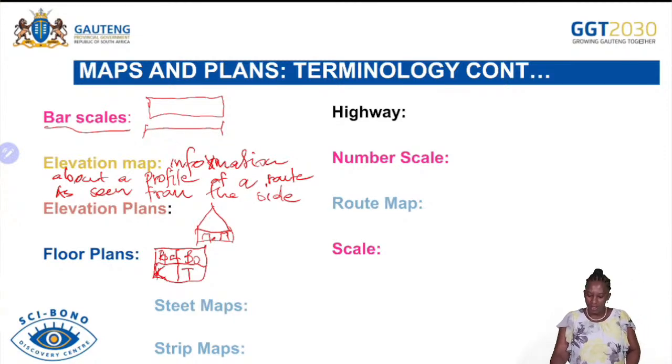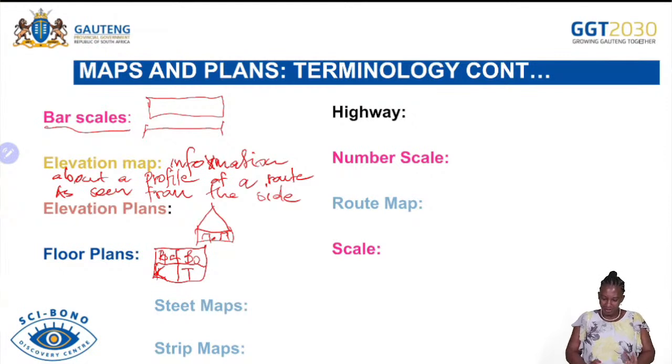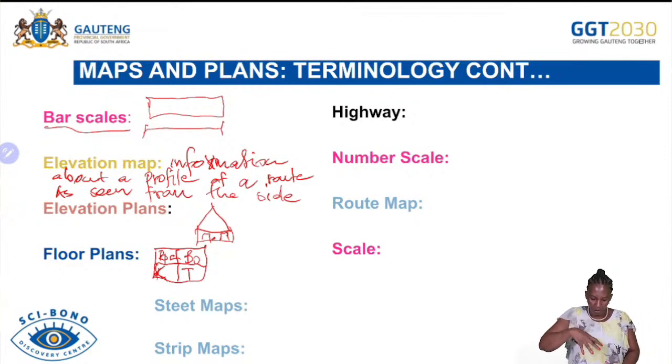A floor plan will be able to show us the rooms. When you look at it, you say, oh, okay, these are the dimensions of these rooms. We view it from the aerial view from the top. That's why we are able to see the floor plan.